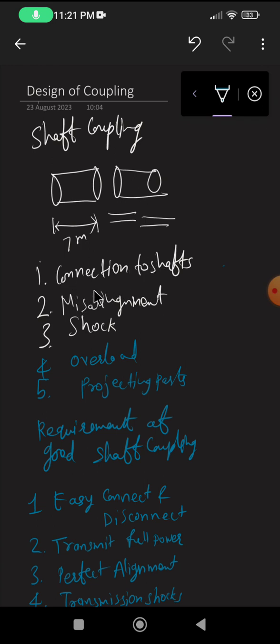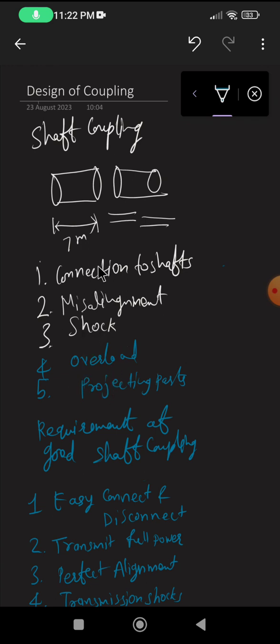The second is to provide for misalignment of the shafts or to introduce mechanical flexibility. The third is to reduce the transmission of shock loads from one shaft to another. Then, it should have no projecting parts. These are the various reasons that shaft couplings are used in machinery.